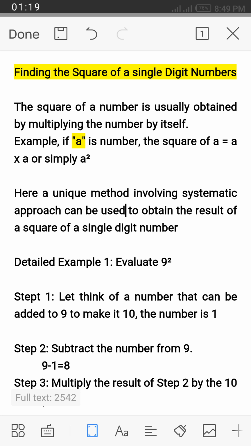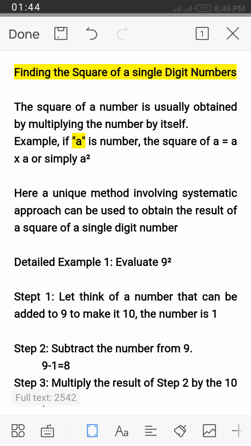Could be 1, 2, 3, up to 9. These are single digit numbers. So we can use this method to approach them efficiently and effectively. Imagine you are handling children, you can easily use this approach to enlighten them. Let's look at example 1.